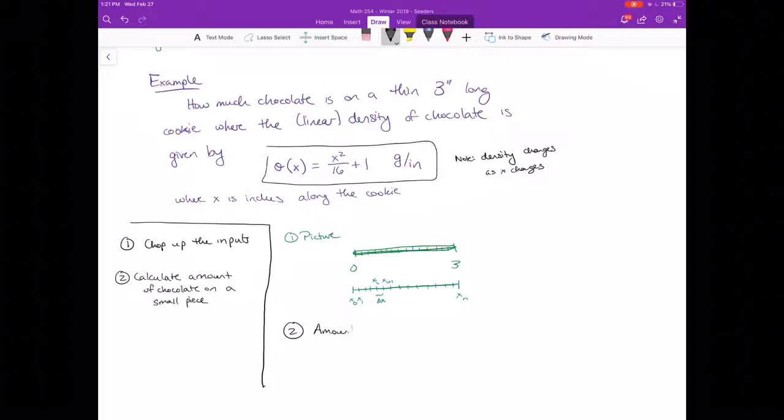So, the amount of chocolate on the ith piece. So that little subinterval there, somewhere in the middle. And what allows me to do this is I get to assume the density is constant on such a small piece.